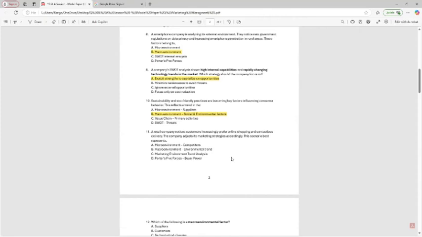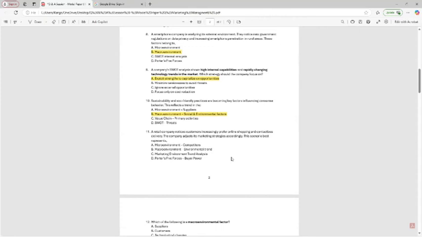The retail company notices customers increasingly prefer online shopping and contactless delivery.